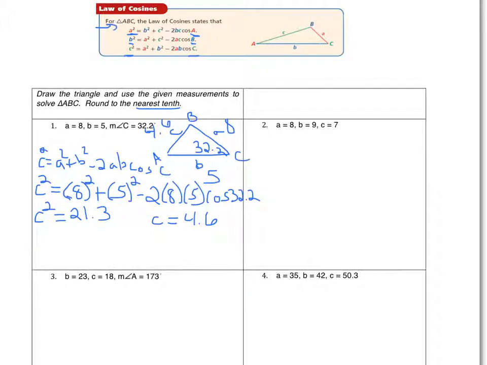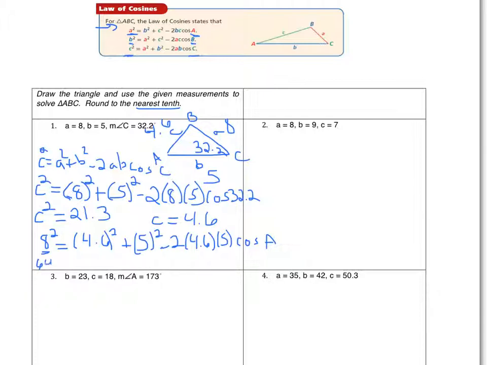I know that a squared, so 8 squared, equals, and then I have c, which is 4.6 squared plus b squared, which is 5 squared, minus 2 times 4.6 times 5 times cosine. And in this case, we have a squared here, so I have to use cosine of A, because those two need to match. And then I can do my math.